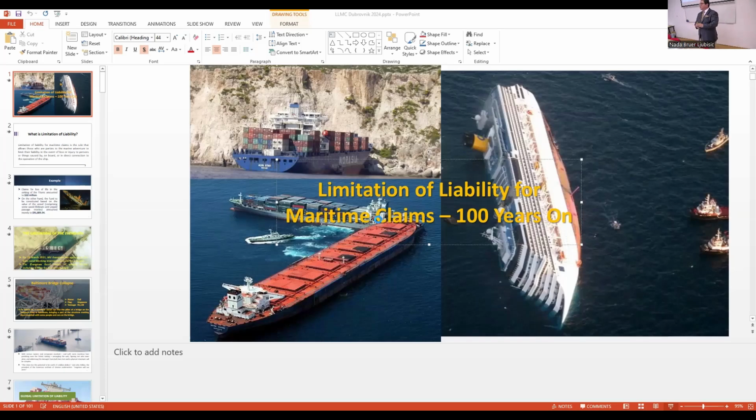The LLMC convention that we will be discussing today is not a liability convention. Who is liable, and what are the bases of liability? We have to find that elsewhere, whether in contract, tort, or any other law. This only tells you who can limit liability, for what, up to how much, etc.